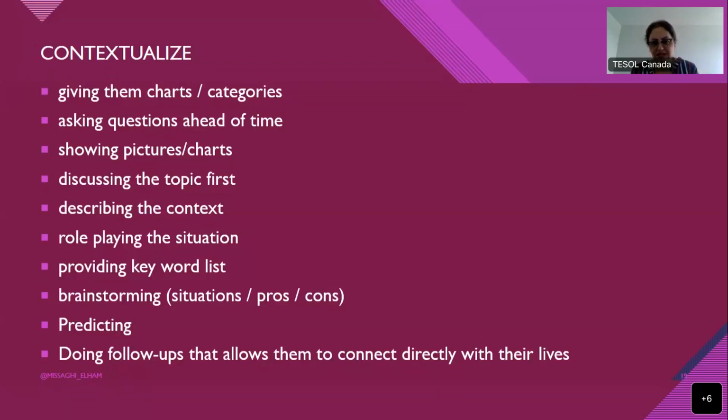Some exercises to help your students concentrate better while they're listening. So we need to prepare some exercises to check their general comprehension.